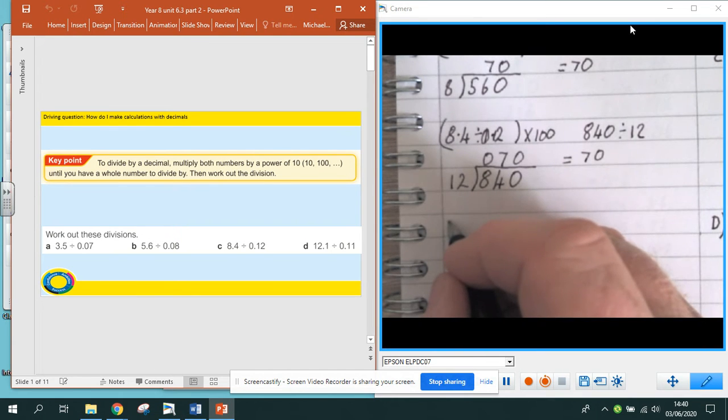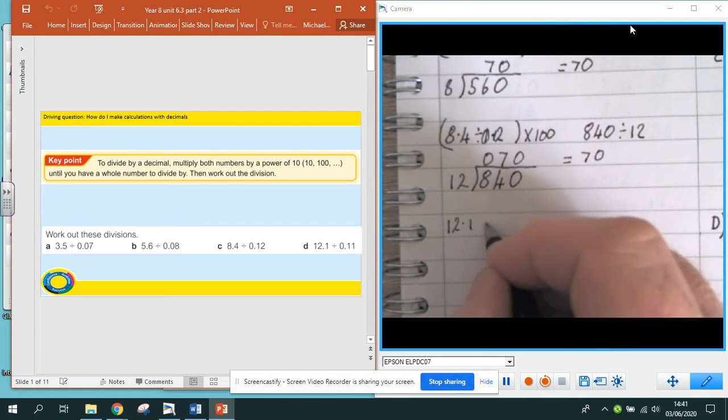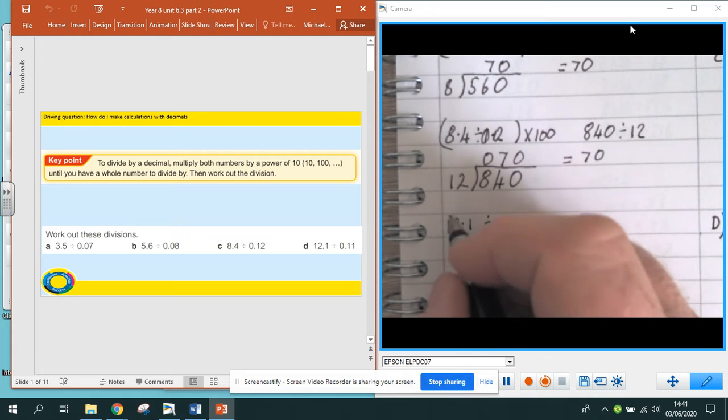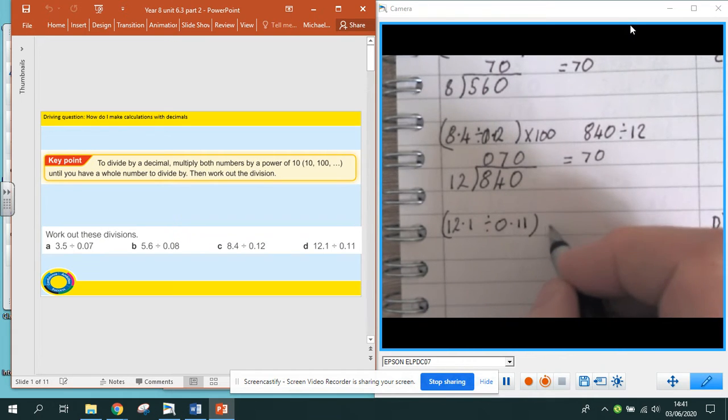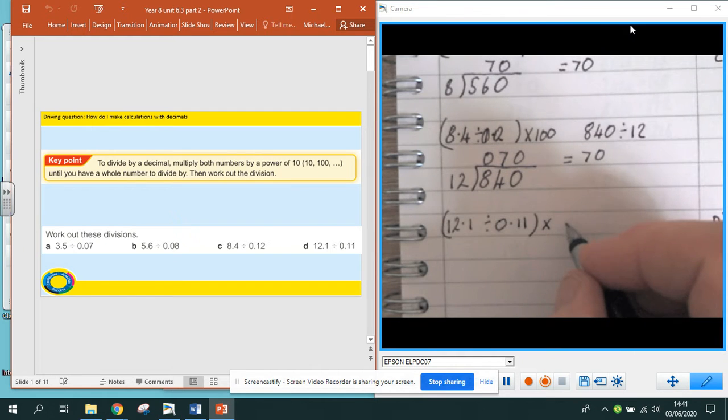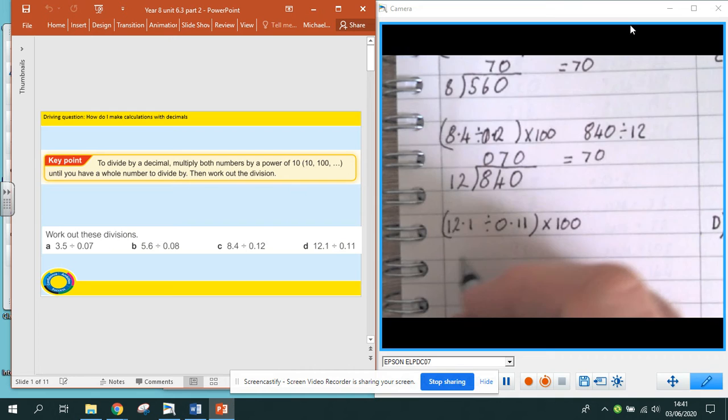And my last one, I've got 12.1 divided by 0.11. What am I going to multiply that by? To turn 0.11 into a whole number, I'm going to multiply it by 100.